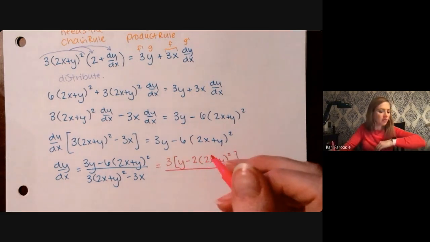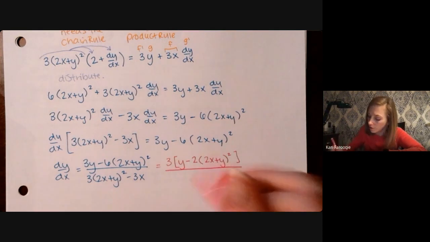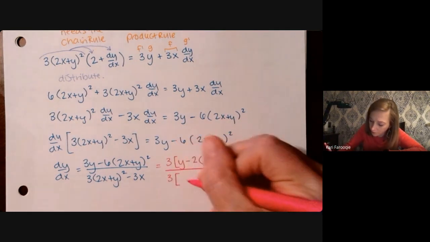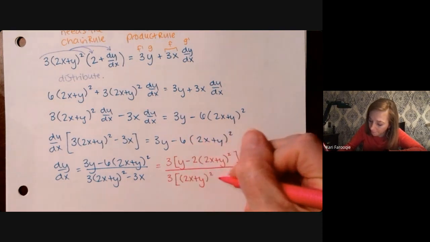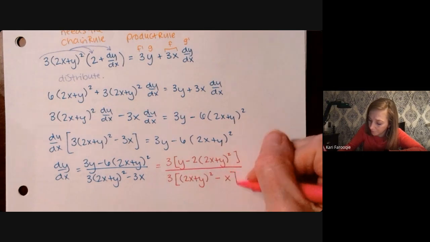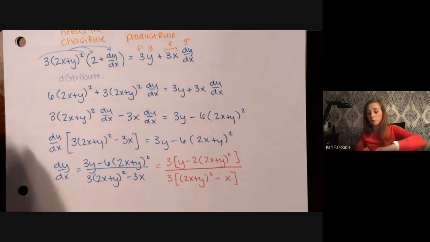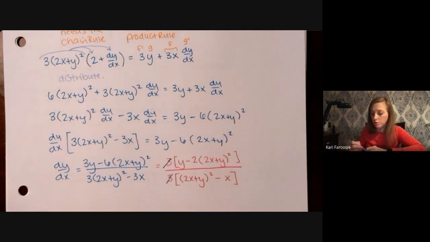Are they all 3s? Yes. I was thinking sometimes with symmetry, you'll have the same type of thing happen in the numerator and the denominator. Okay. So when you factor the 3 out, you can cancel it. 3 over 3 is 1, but you have to be able to factor it in order to cancel it. And then you can simplify.